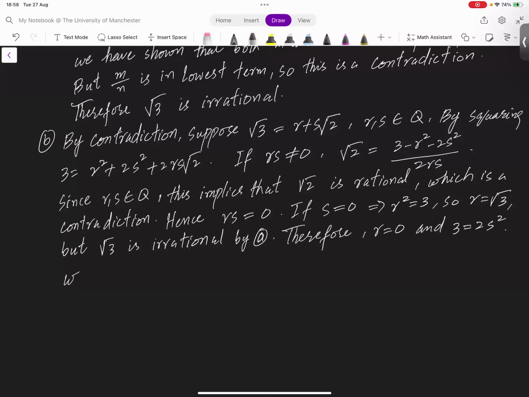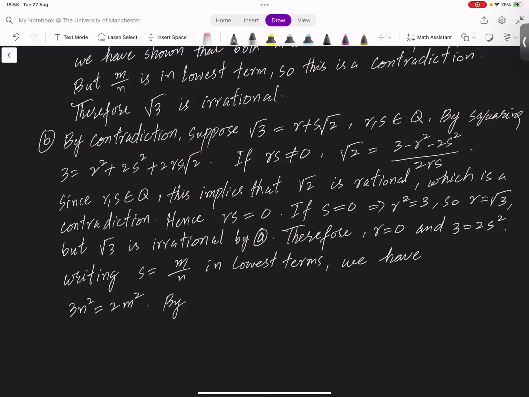Writing s equal to m over n in lowest terms, we have 3n square is 2m square.